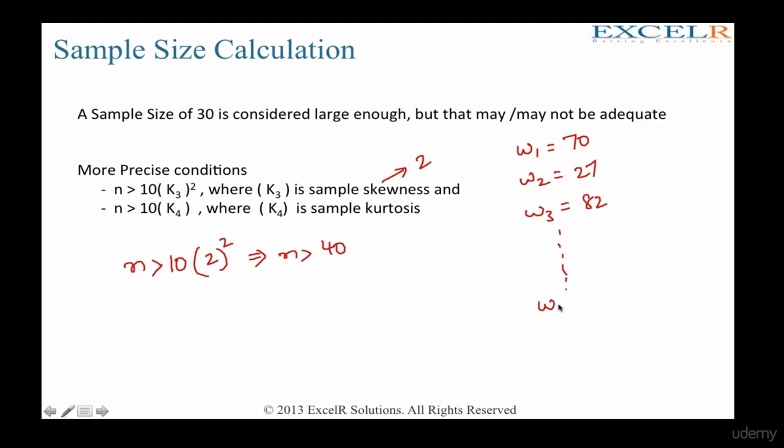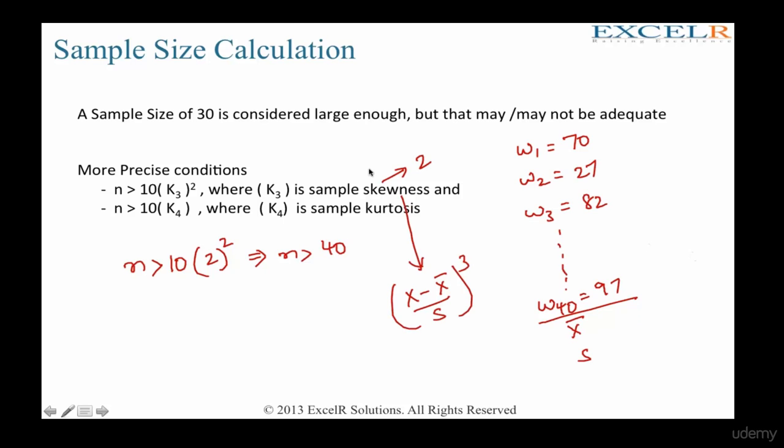You collect weight of 40 people and say the 40th person's weight is 97 kgs. You once again calculate the mean and standard deviation and you substitute in the skewness formula once again, which is (x minus x bar by s) whole cube. And you'll get another skewness value.